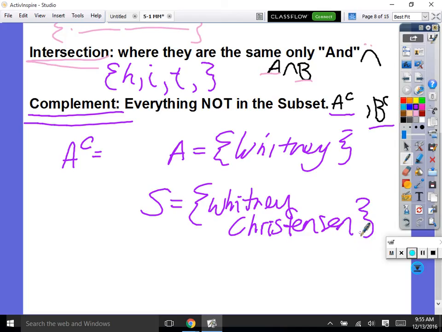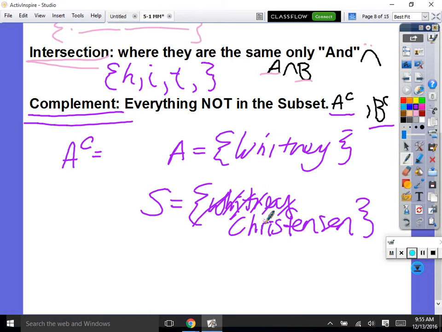If I said to you A complement, that means everything that's not in A, everything in this sample space that's not in the subset. So W is in that. Does that make sense? H-I-T-N-E-Y. So everything that's not in that would be the complement, so it would be Christensen. Does that make sense, everybody? Everything that's not in subset A.